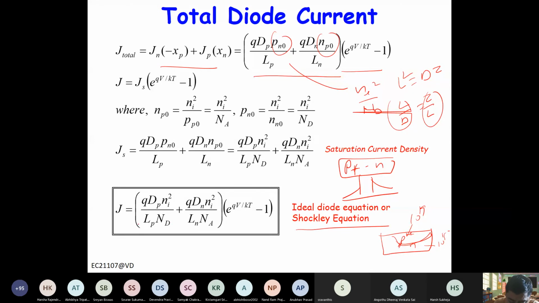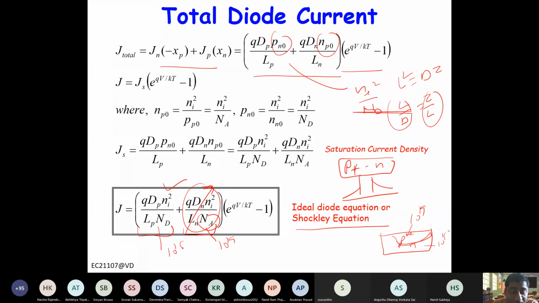Now out of these two components, which will be higher? Na is much higher, so this you can say is much smaller, and this will dominate. Let's say this is 10 to the power 19 and Nd is 10 to the power 15. So you can ignore this current because the rest of the things are almost similar.